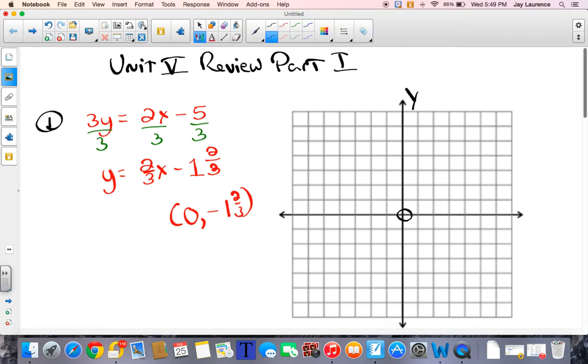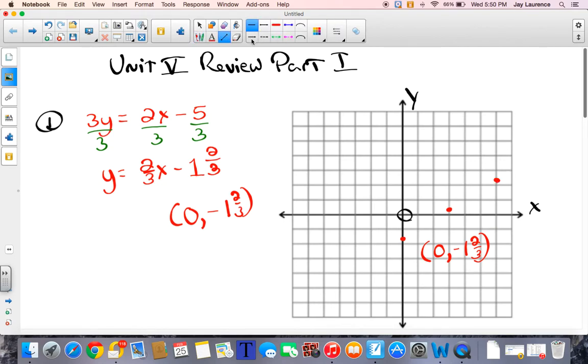All right, so let me put the origin back in there, the x-axis, and we're going to plot the point 0, negative 1 2/3. It was approximately there. There we go. That looks a little bit better. Now my slope is 2/3, so I'm going to rise 2, 1, 2, and run 1, 2, 3. And there you go.